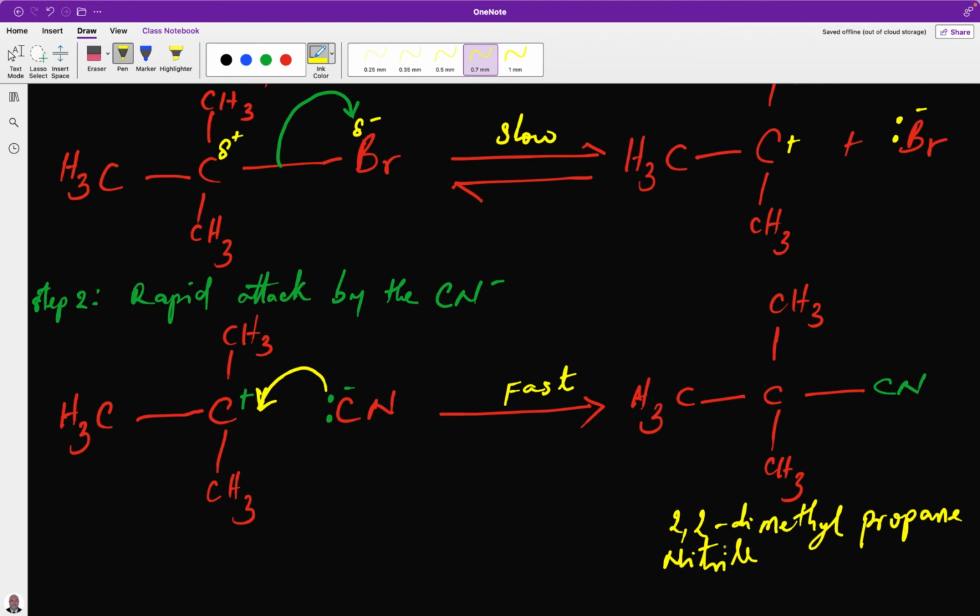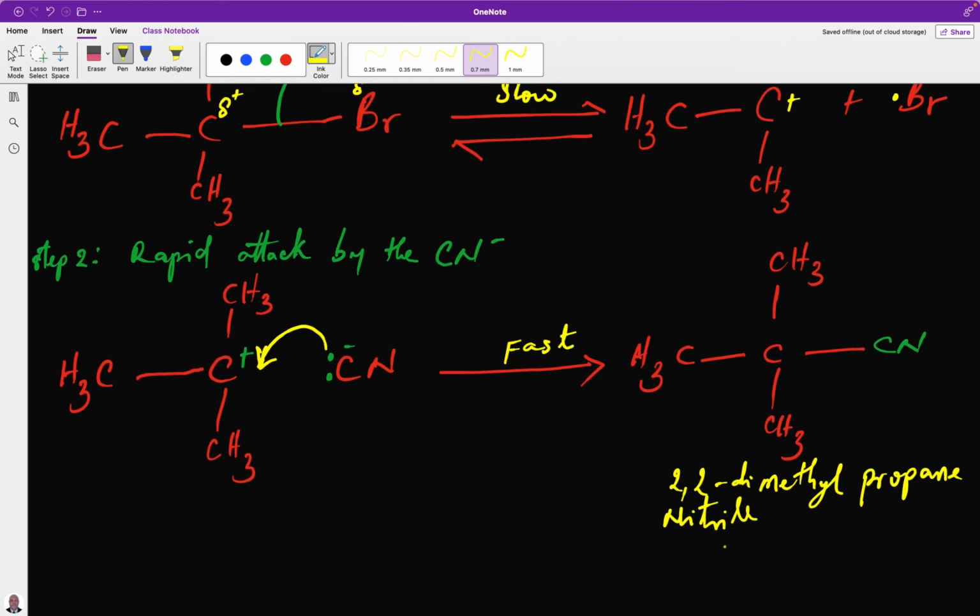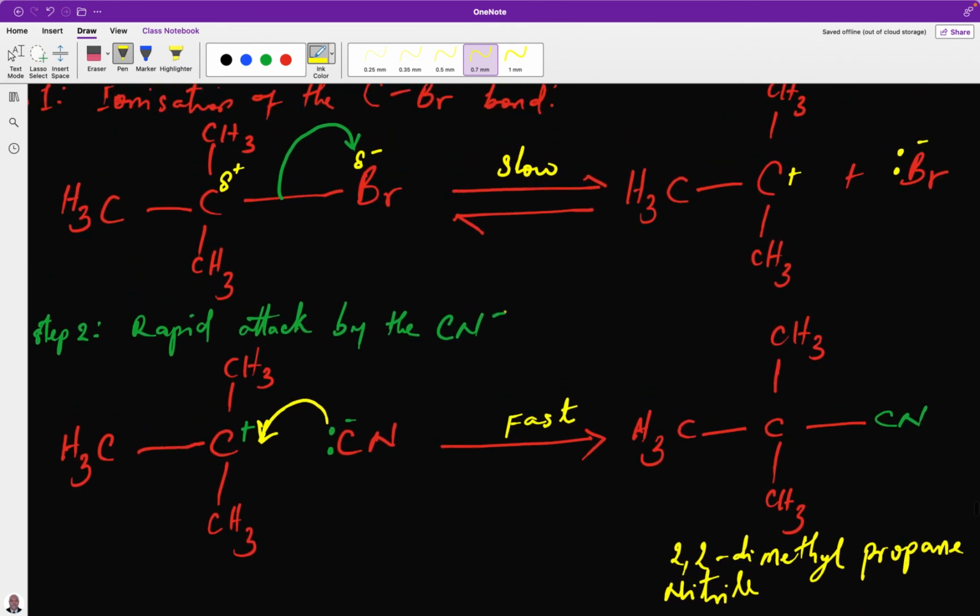It's a new organic compound that is being formed. You will see that initially we had just 1, 2, 3, 4 carbon atoms, but we now have 1, 2, 3, 4, 5 carbon atoms here. So the very important thing here is that this leads to the formation of a nitrile.